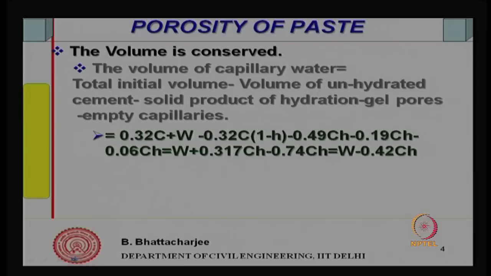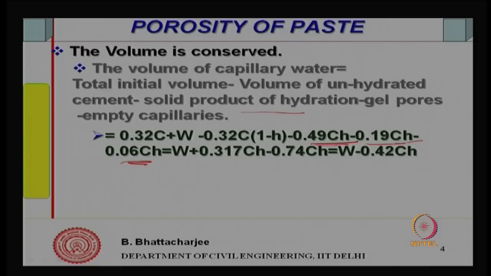If we do that, the total initial volume known to us was 0.32 C plus W. The volume of unhydrated cement is 0.32 C into (1 minus H) from the previous diagram. Then the volume of hydration product, the solid product of hydration, is 0.49 CH. The gel pore is 0.19 CH, and this is the empty capillaries.